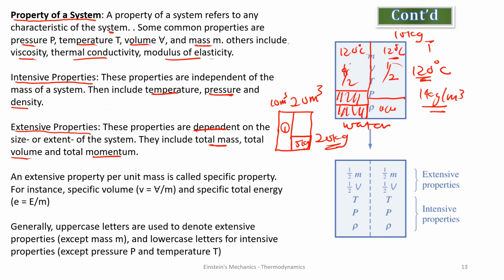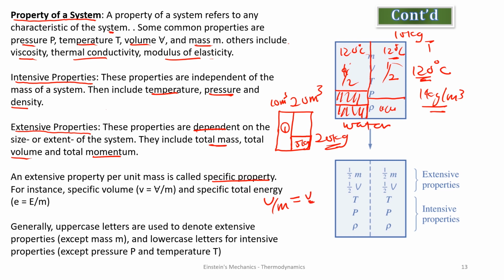Very simple. An extensive property per unit mass is called a specific property. Put this in mind. Any extensive property per unit mass is called the specific property. Are we good? Specific property. So if I have volume per mass, then the volume becomes the specific volume.